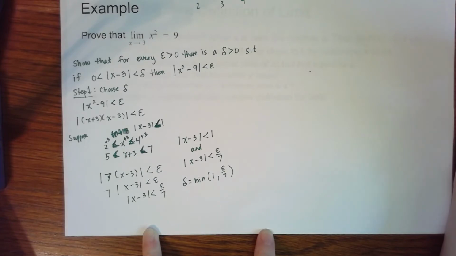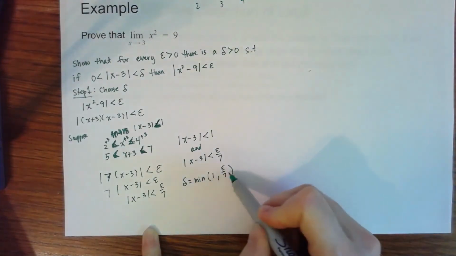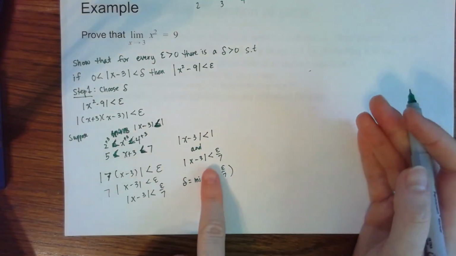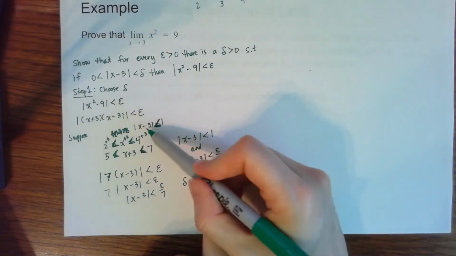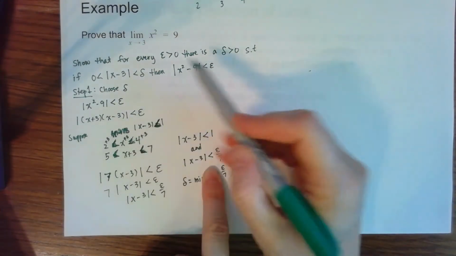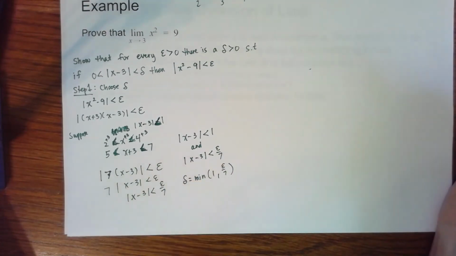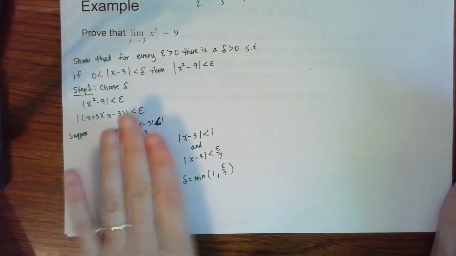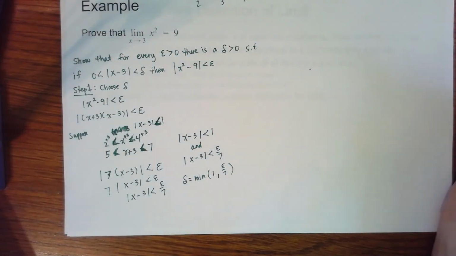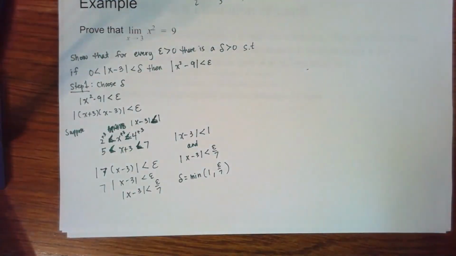I've chosen my delta to be the smallest of those two, because if it's only this one, and that condition isn't met, then I can't guarantee it for every epsilon. I can only guarantee it when x is between 2 and 4, right? What if it's not between 2 and 4? Well, then I have this to fall back on. So now this generalizes it for every single value of epsilon, not just the ones that are going to be in this range.